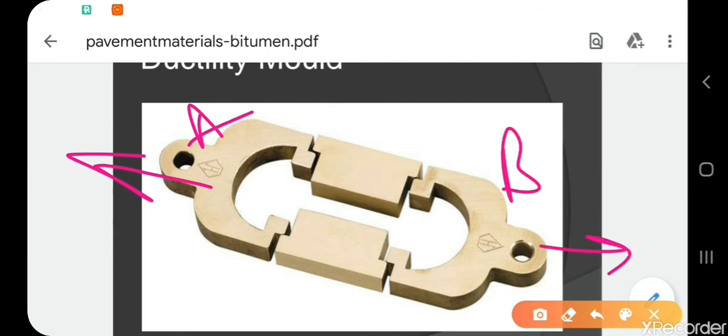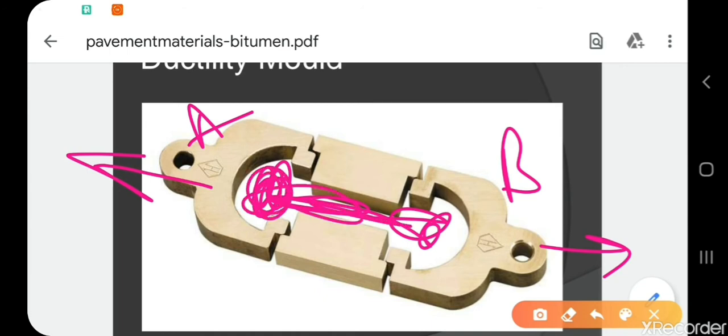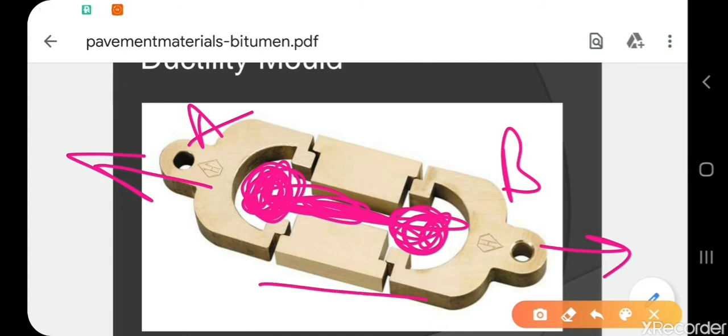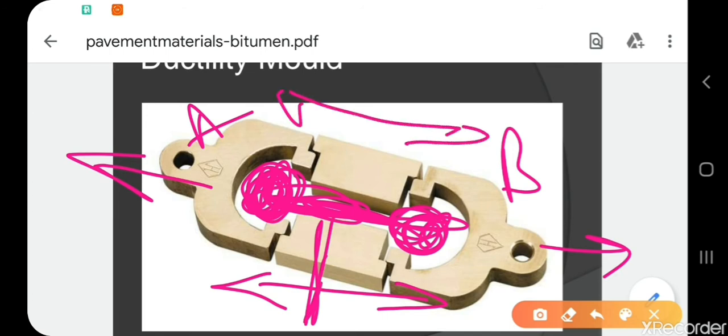The tensile force should be applied. Automatically the bitumen will be subjected to tension. As the load increases, the deformation also keeps increasing up to a certain limit. After the breaking point, the bitumen breaks. We measure the distance at which the bitumen undergoes deformation without breaking.